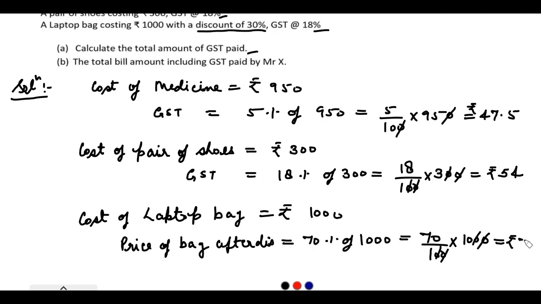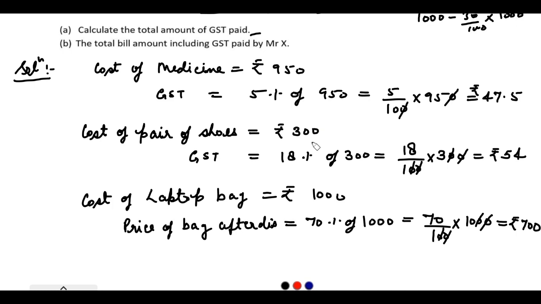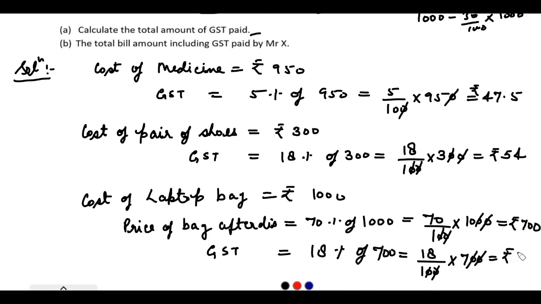Means rupees 700. आप इसको 1000 minus 30% of 1000 इससे भी कैलकुलेट कर सकते हैं. Now GST on the bag is 18% of 700, rupees 126.